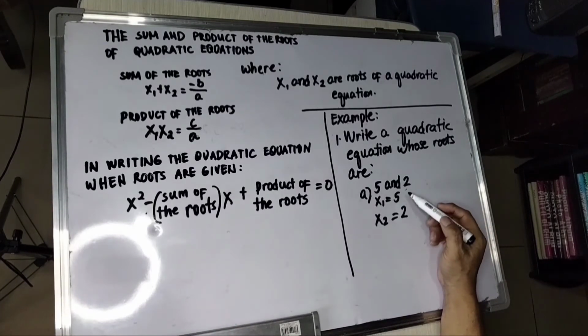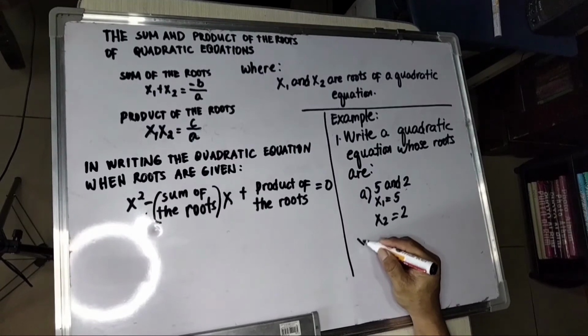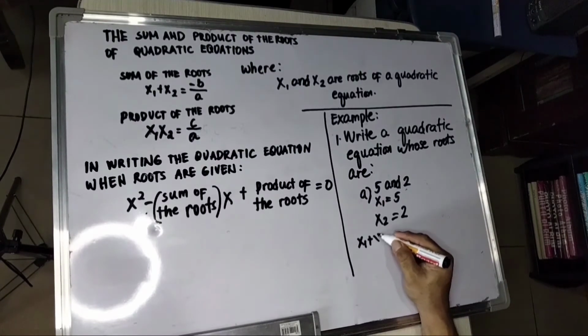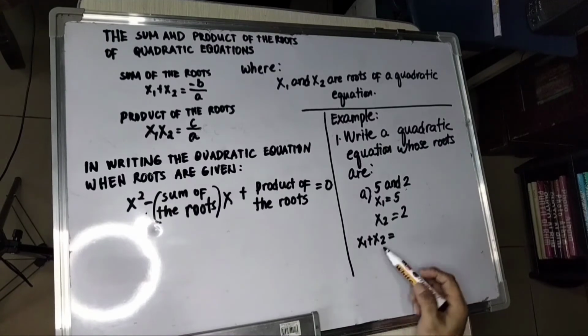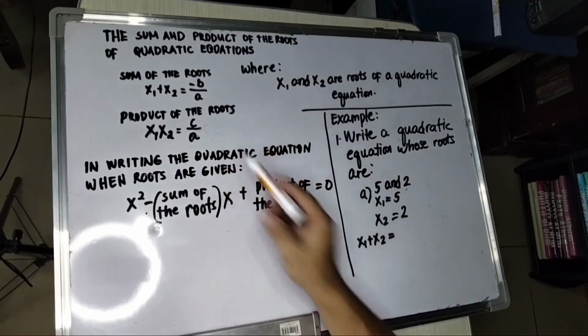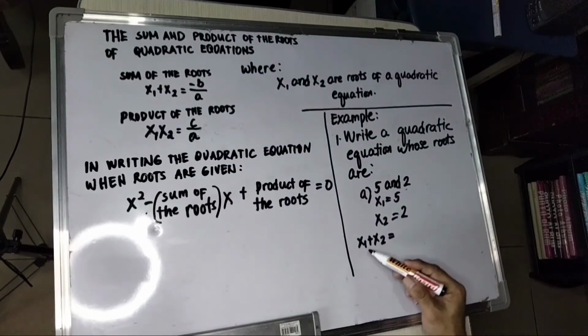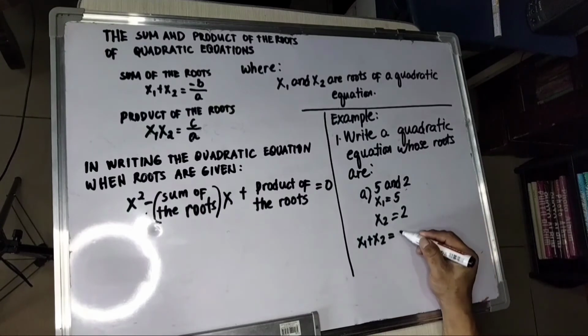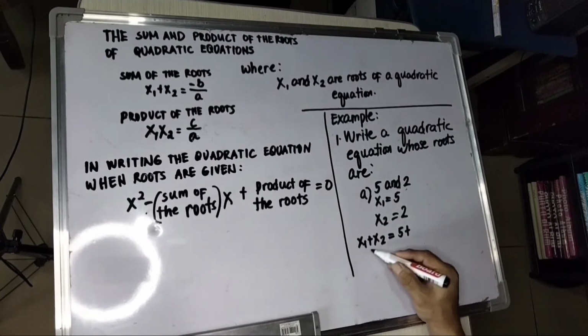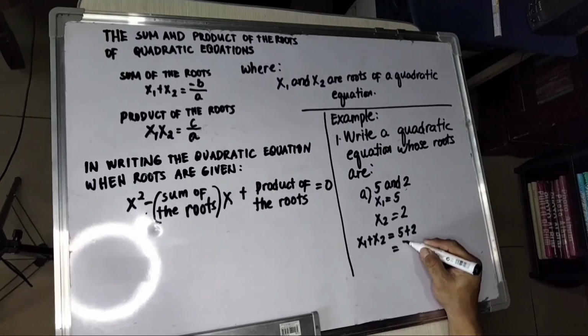Then, getting now the sum of the roots. So, the sum of the roots, x sub 1 plus x sub 2 equals. We cannot use this negative b over a because we don't have the values of a and b. So, since x sub 1 is 5, we have 5 plus x sub 2 is 2. Then, we have 7.